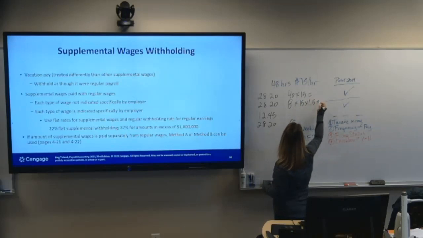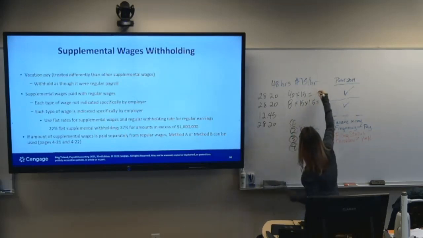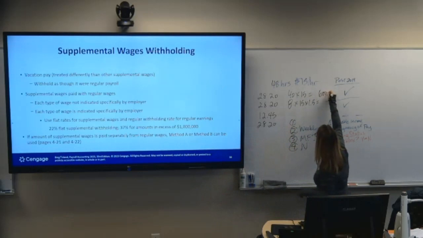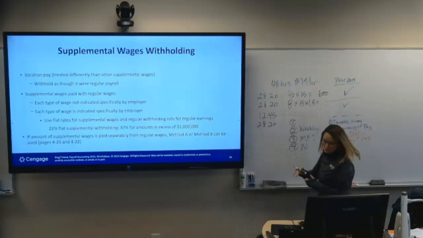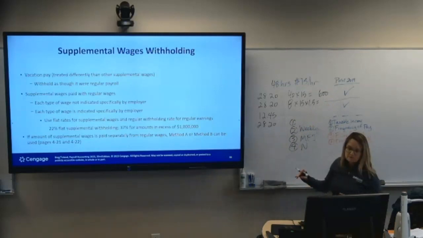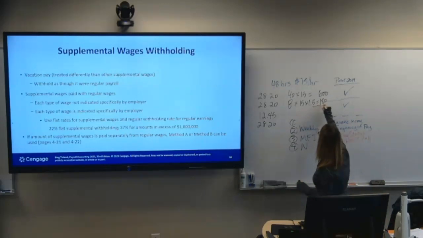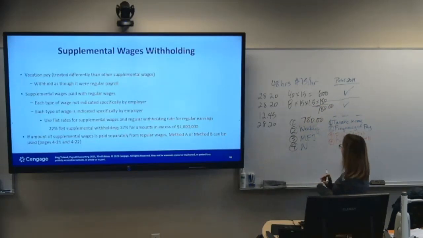So 40 times 15 is 600, and 8 times 15 times 1.5 is 180. So 780.